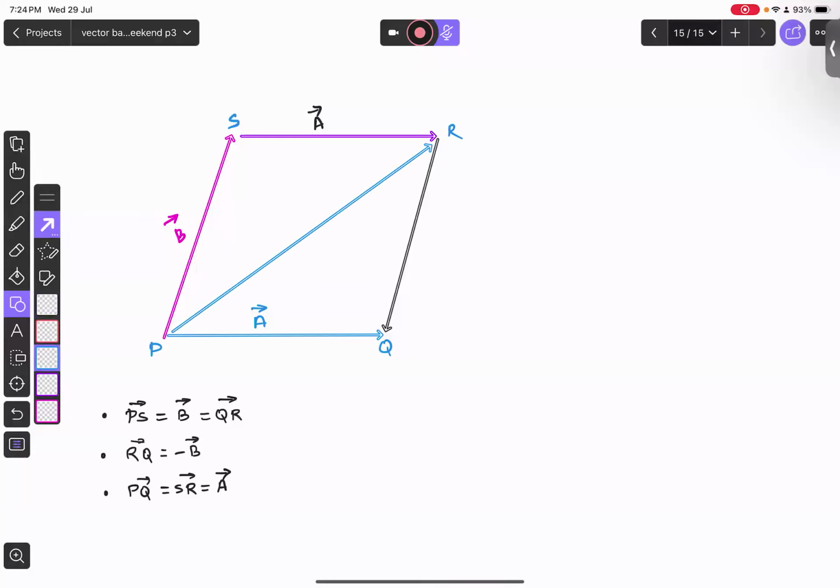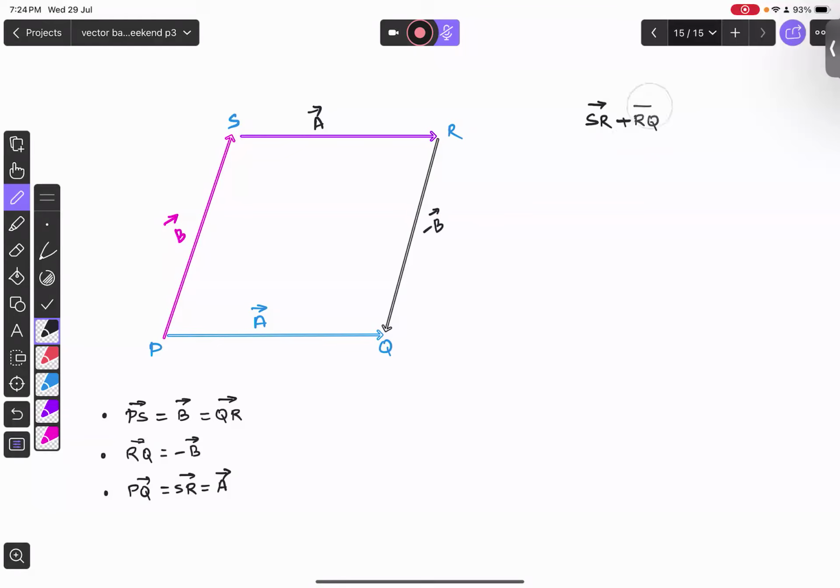Correct. Now you concentrate on this side, SR and RQ. SR and RQ are vectors A and minus B, and SR ending at R, RQ starting at R.